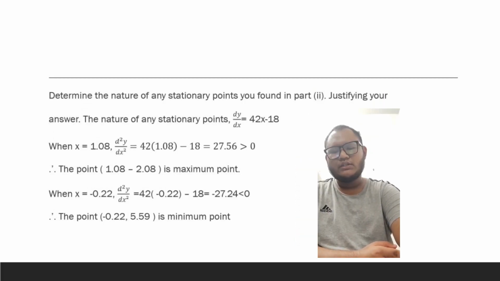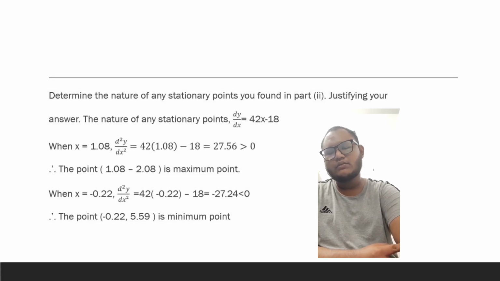And the next one is question 5. Determine the nature of any stationary point you found in part 2 and justify your answer. The nature of any stationary point: d2y per dx2 is 42x minus 18.